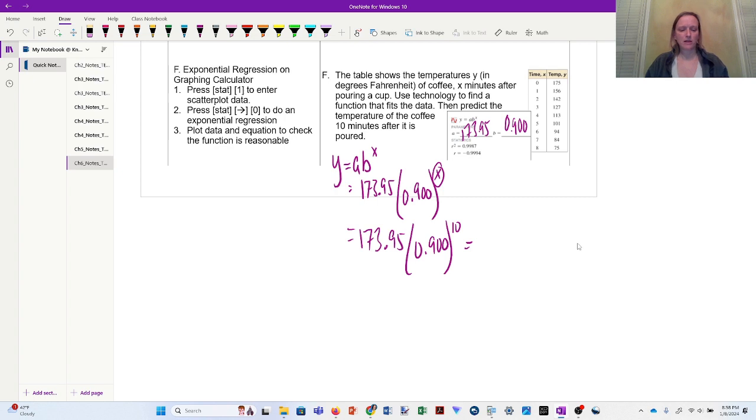And when I plug that into my calculator, I get a value of about 60.7 degrees Fahrenheit. And so that's my prediction, that after 10 minutes, my cup of coffee will have cooled off to 60.7 degrees Fahrenheit. I hope this helps.